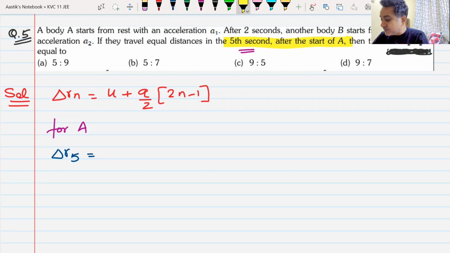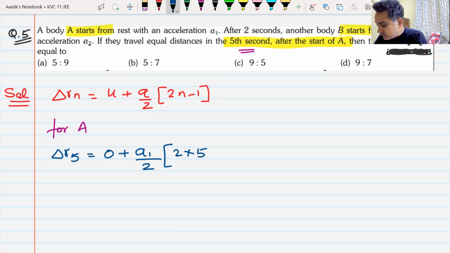A also starts from rest, B also starts from rest. For A, displacement in the fifth second will be 0 plus acceleration A1 by 2, into 2 into 5 minus 1. Do we agree on this? This is for A, only A.